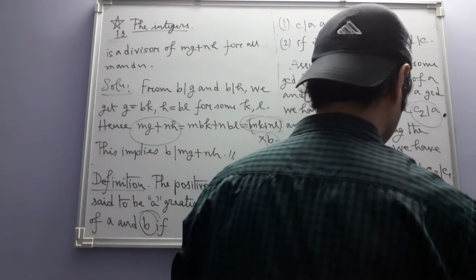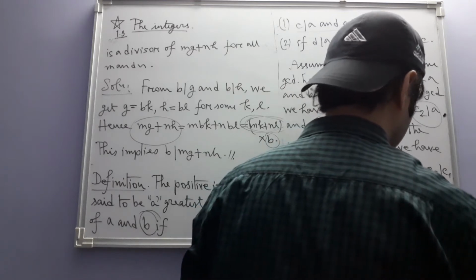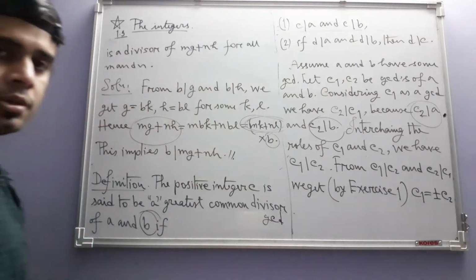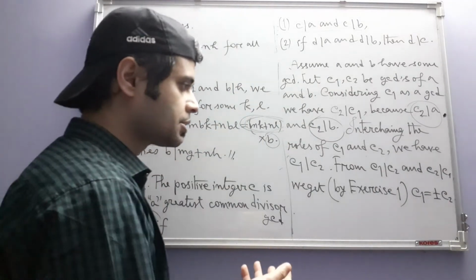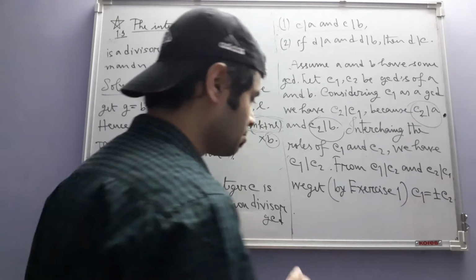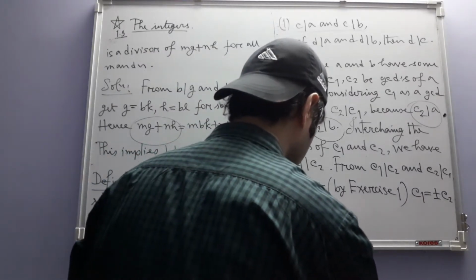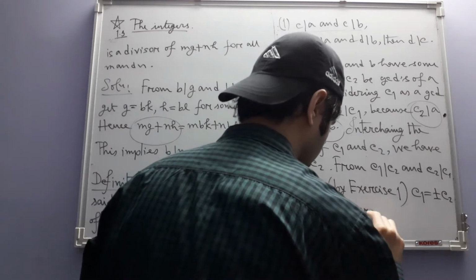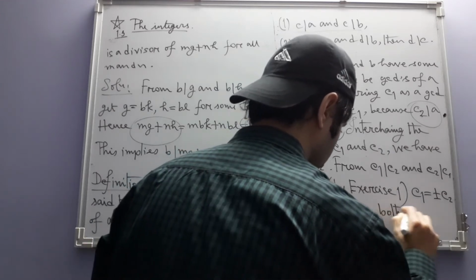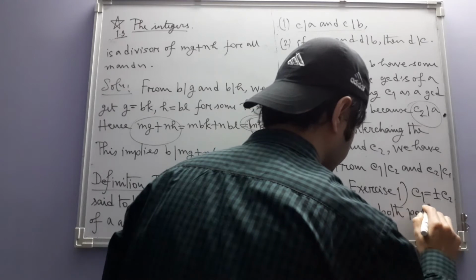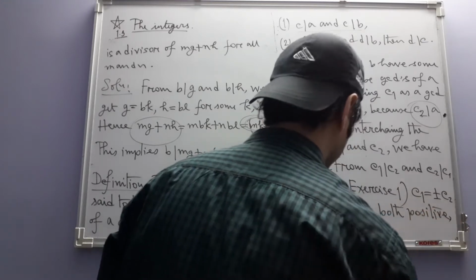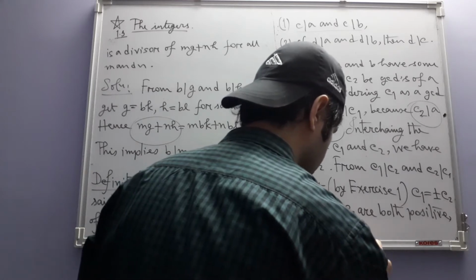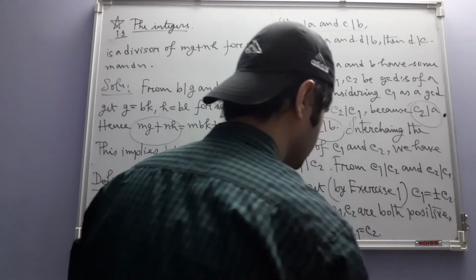By exercise 1, C1 is equal to plus or minus C2, right? But since C1 and C2 are both positive, we have C1 is equal to C2.